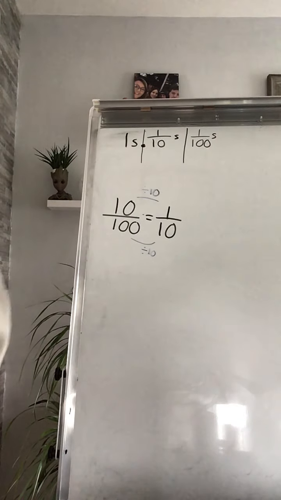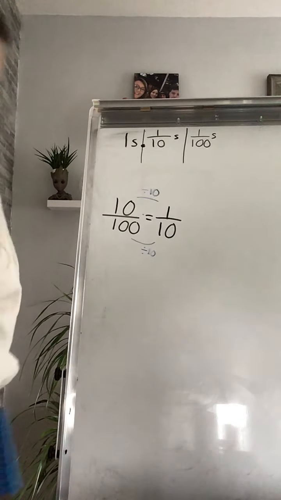If I carry on then, guys, and I just have my 10 tenths, and I'm going to continue, can you count with me then? 11 hundredths, 12 hundredths. I'm going to stop you there. We have 12 hundredths. What can you see with 12 hundredths?